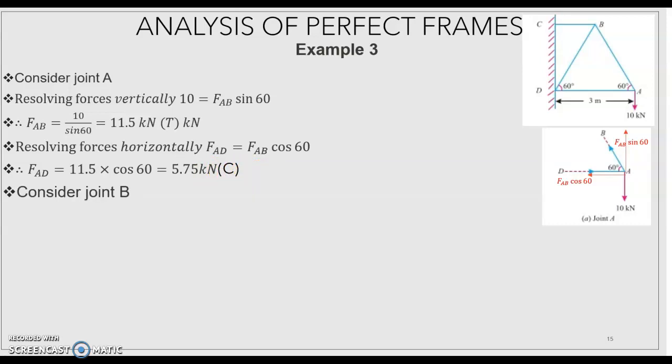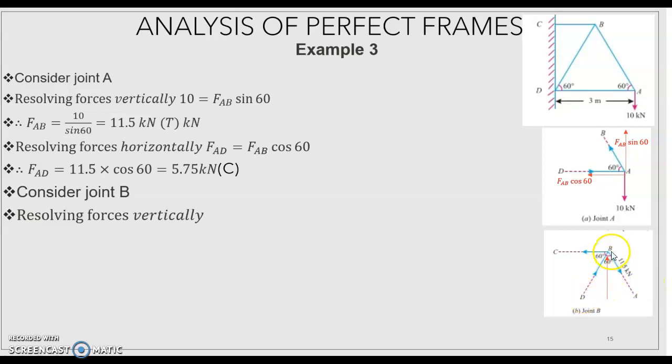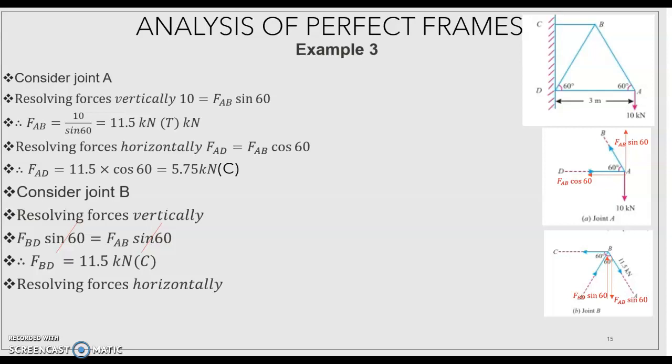Then consider joint B, draw the free body diagram of joint B and resolve vertically the vertical components of these two members. The vertical component of BD is FBD sin 60 and the vertical component of AB is FAB sin 60. These are acting opposite, so equating these two, sin 60 cancels, and FBD is equal to FAB, which is 11.5 kilonewton.